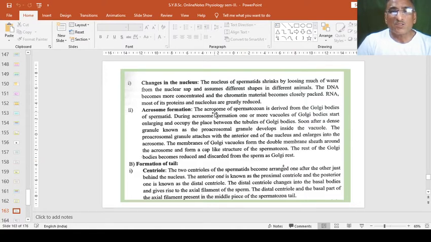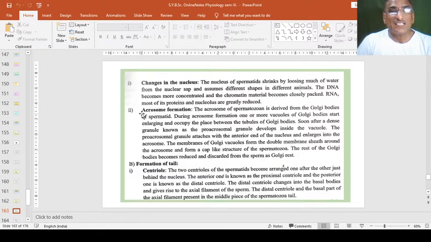Whatever protein molecules and vacuoles of the Golgi bodies are prepared between the Golgi strands are aggregated at the anterior side and form a moon-like structure at the anterior head of the spermatozoa.